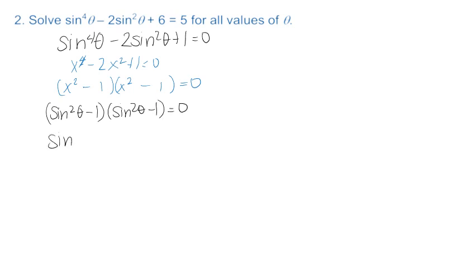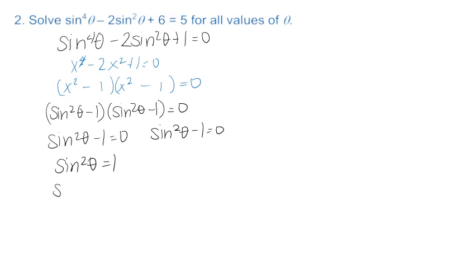Or sine squared theta minus 1 is equal to 0. And really, the other factor is just going to end up giving me the same answers. Okay, so I have sine squared theta is equal to 1.